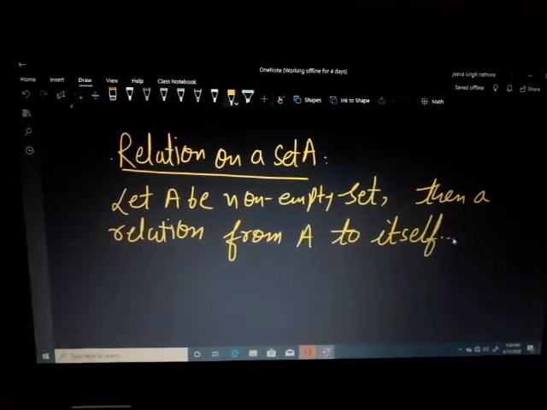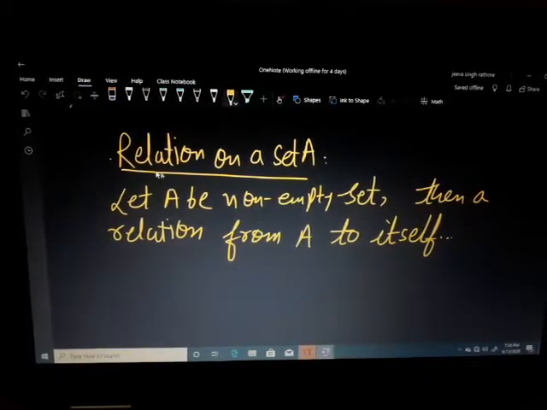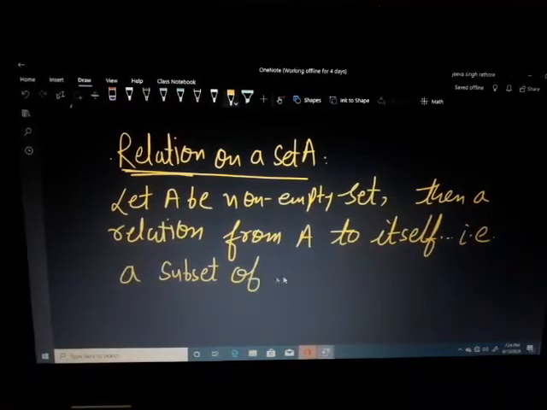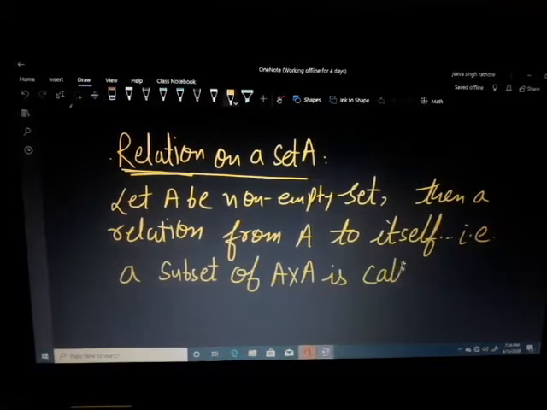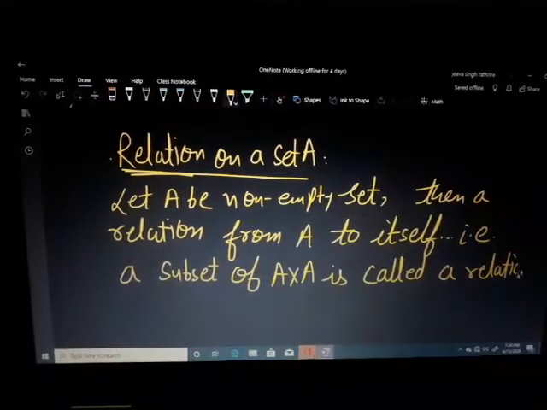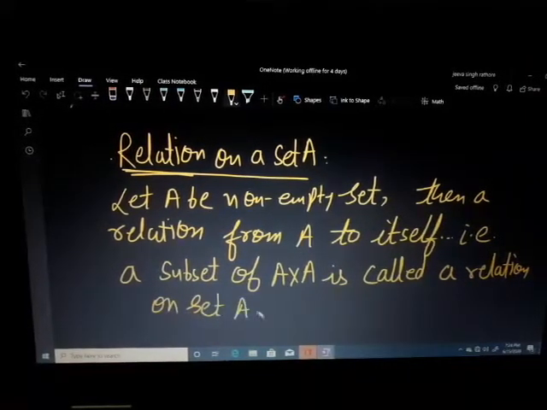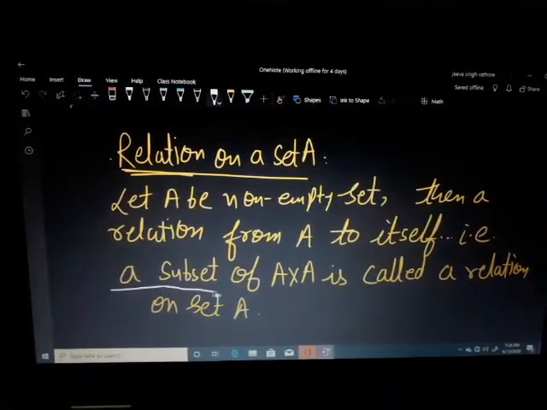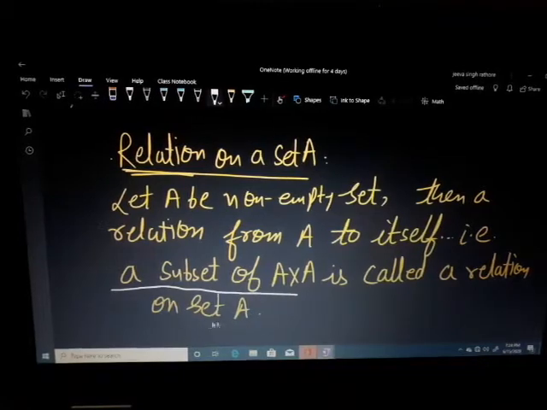A relation of any set with itself is called a relation on set A. A subset of A cross A is called a relation on set A. Please note this down, it is a very important point.